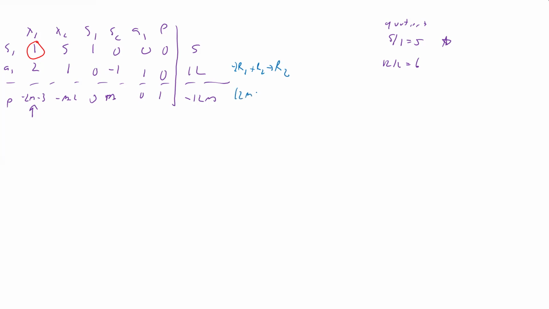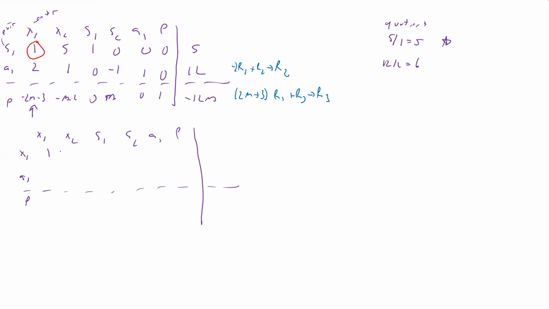If we take 2M plus 3 times row 1 and add it to row 3, that's our new row 3. Doing that, this one is going to enter and this one is going to exit. So we'll have x1, a1, P, and this is x1, x2, s1, s2, a1, P.